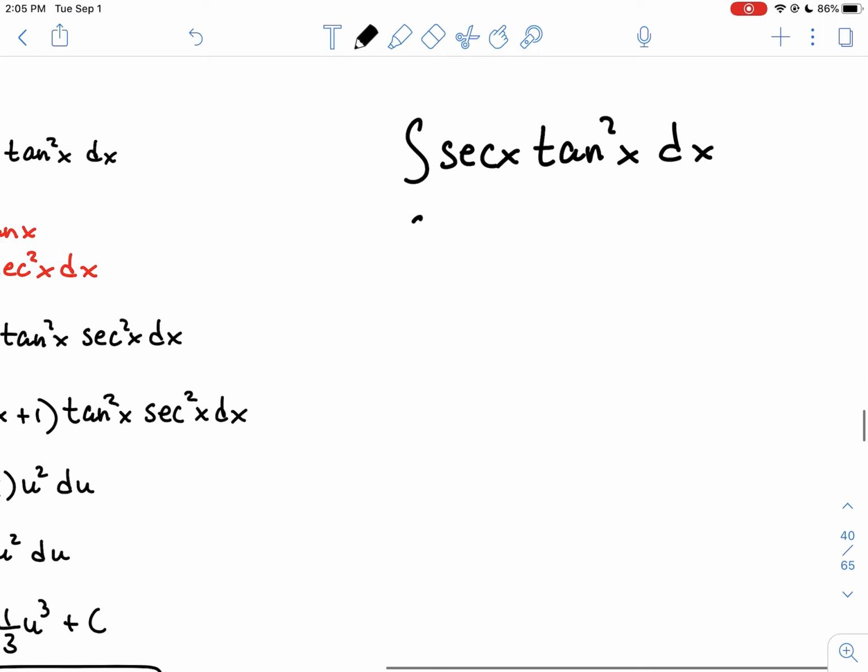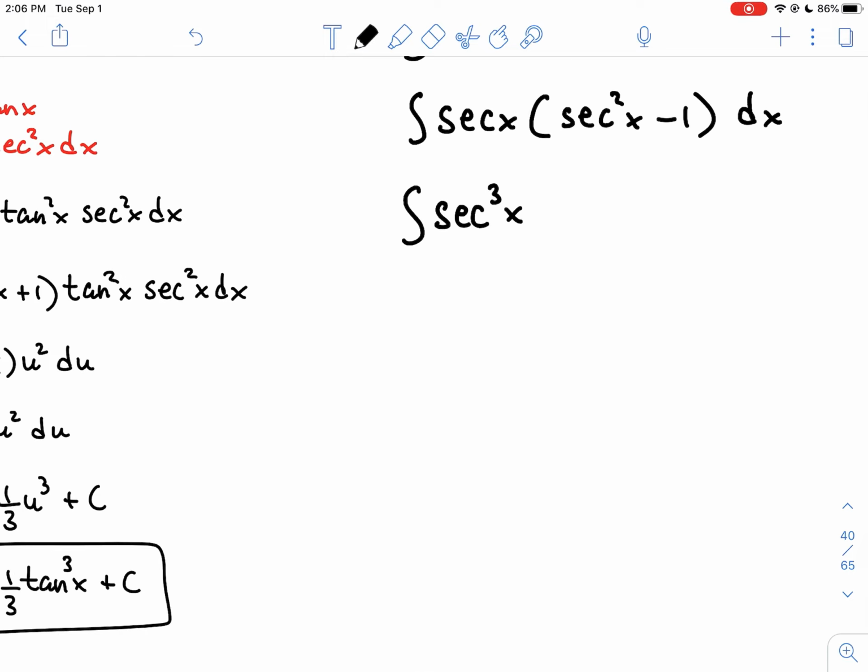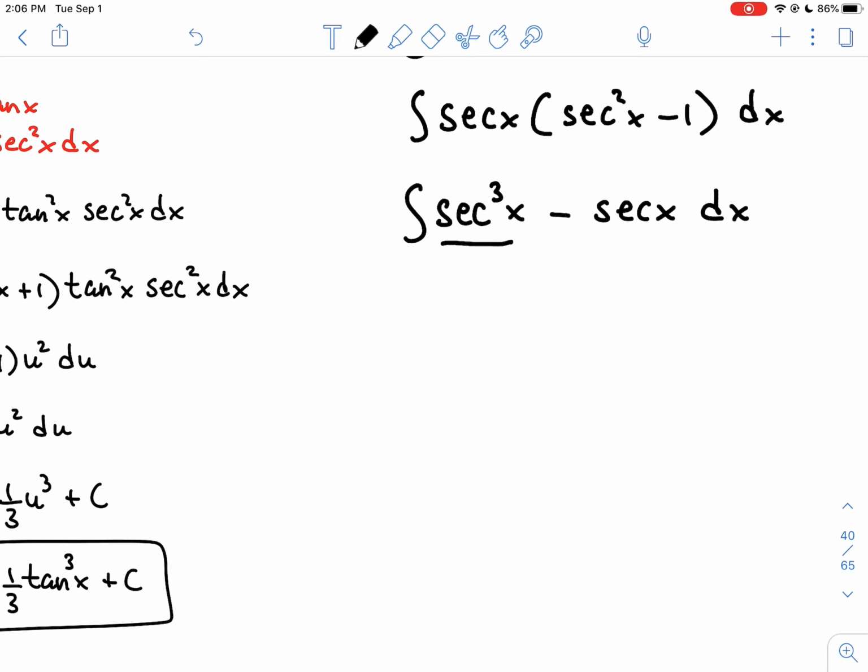So we're going to start off with the Pythagorean identity on that tangent squared. Tangent squared is equal to secant squared of x minus 1. I'm going to distribute the secant. So we've got secant cubed of x minus secant of x dx, and then integrate all these secants. To integrate secant cubed and secant, remember, we have to use some prior results.